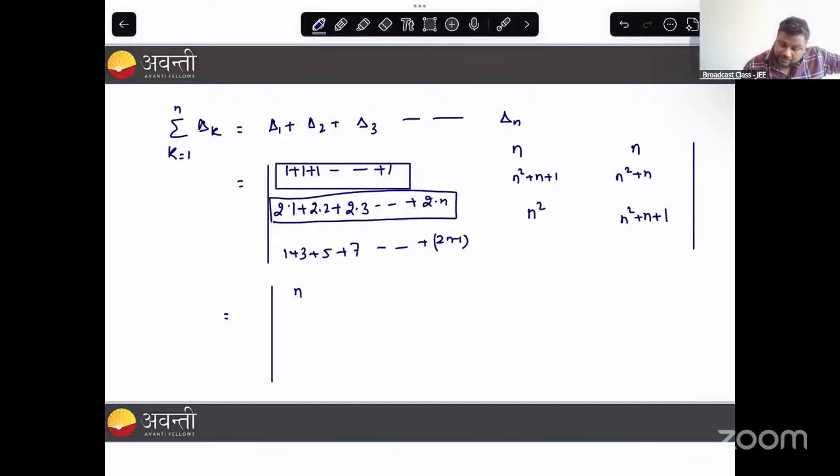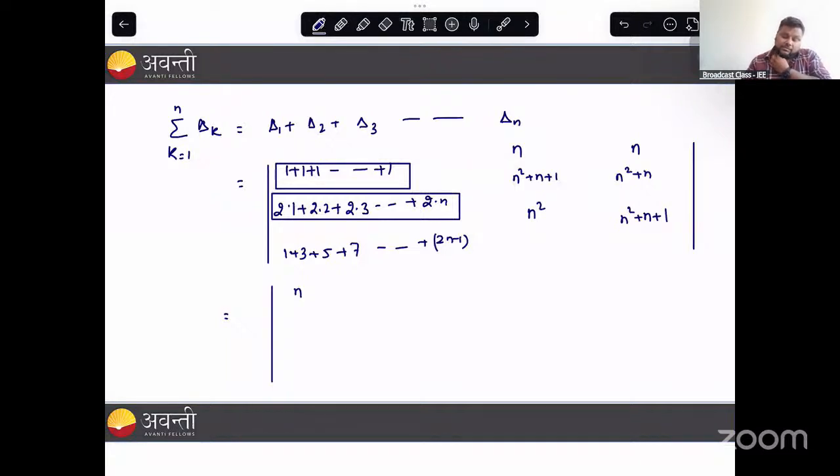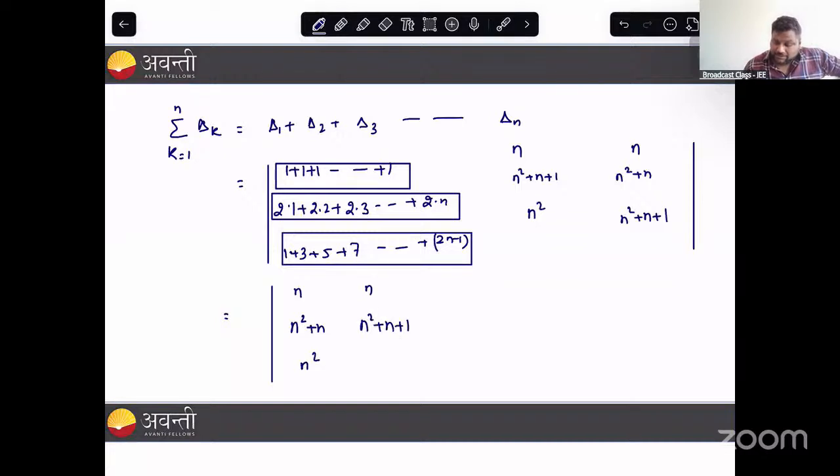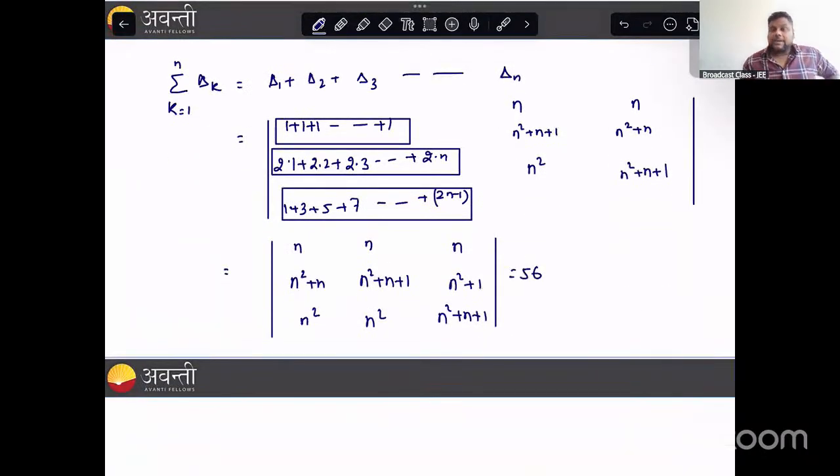Sum for this particular row, that is 2 plus 4 plus 6 and so on, that is n square plus n. And sum for third row, that is sum of first n odd natural numbers, that will be n square. Rest it is n square plus n plus 1, n square, n, n square plus 1 and n square plus n plus 1. And this value is given to me as 56. Correct?